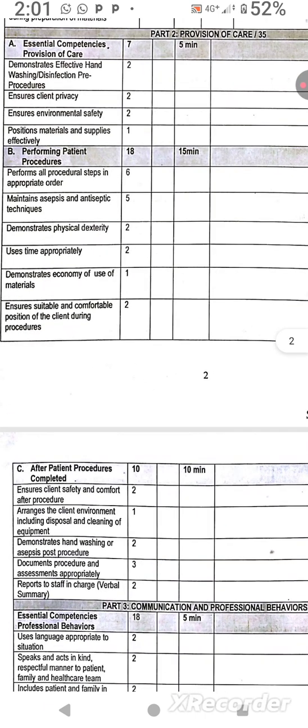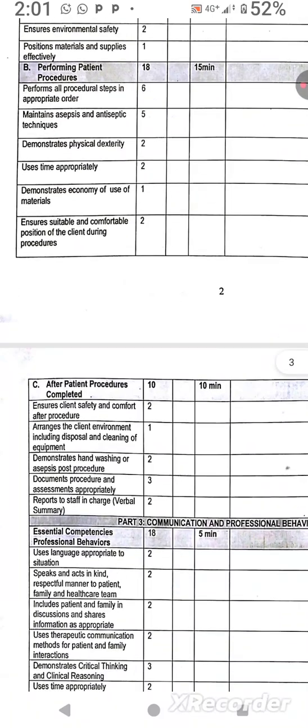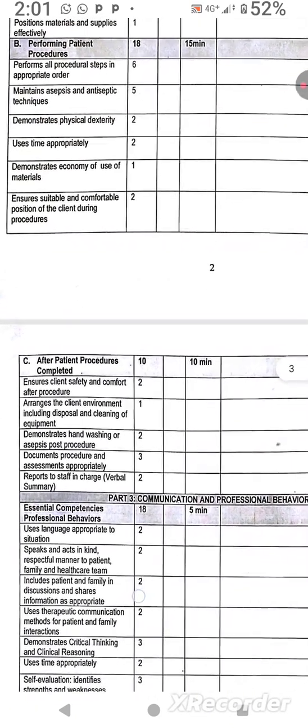Then the second part is provision of care, out of 85 marks. The first part is essential competencies and provision of care. First, demonstrate effective hand washing and disinfection procedure. Second, ensure client privacy, ensure environmental safety, and position materials and supplies effectively.